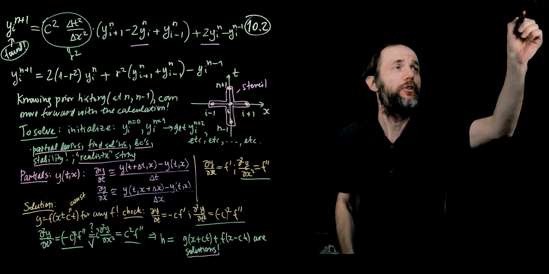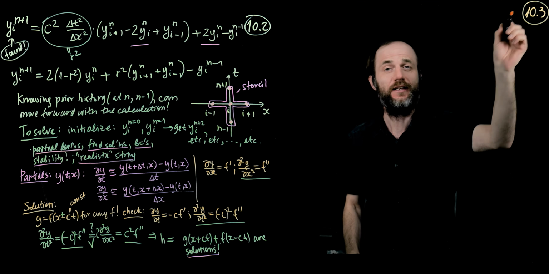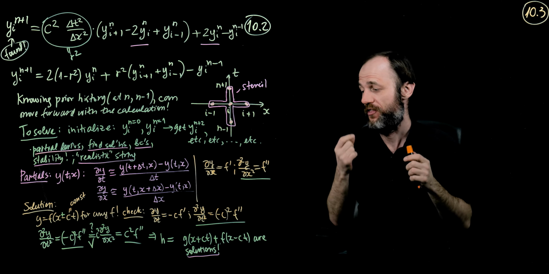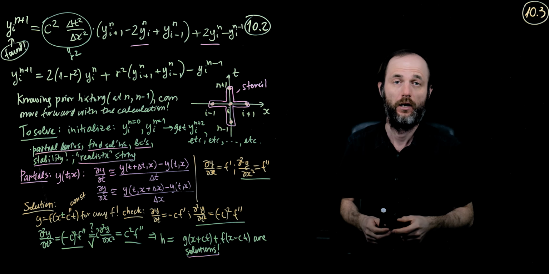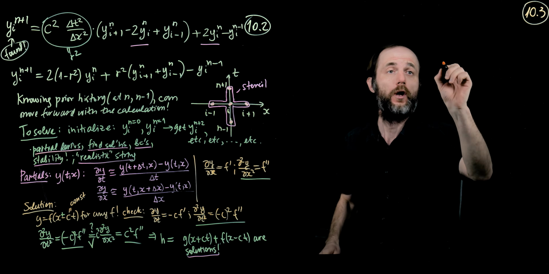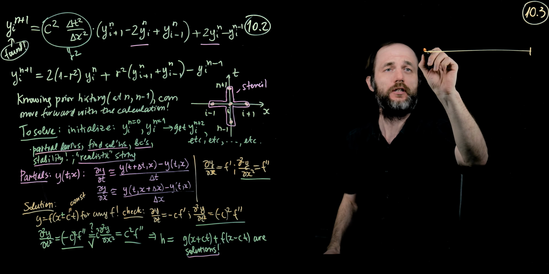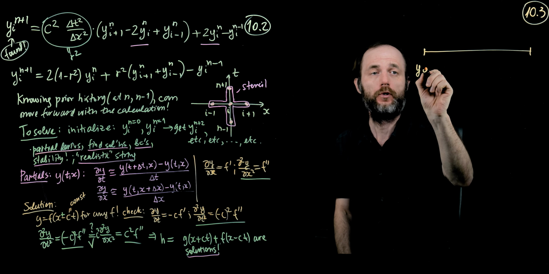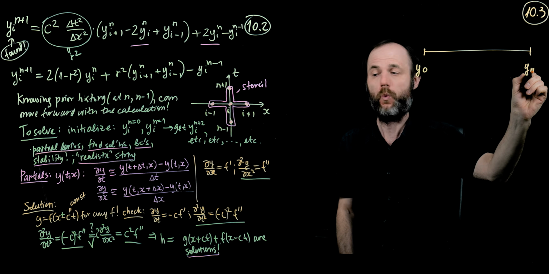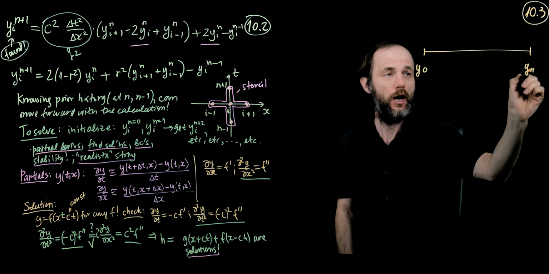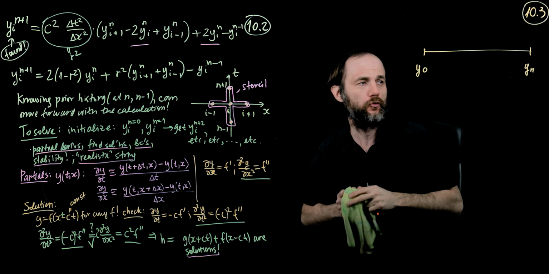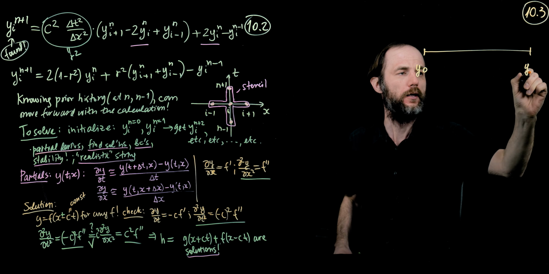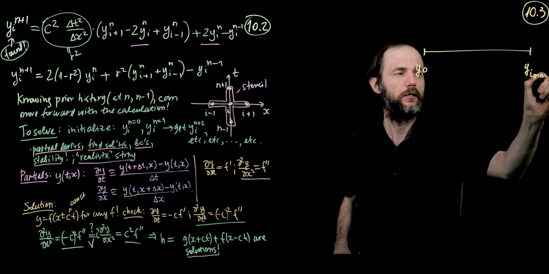Hello and welcome to part 3 of lecture 10, where we're going to start with the discussion of the boundary conditions. So what is a boundary condition? Well, if we have a string like that with two ends that we will denote with y0 and yn. N is a bad number because it's used for time, so let's denote it with yi max.